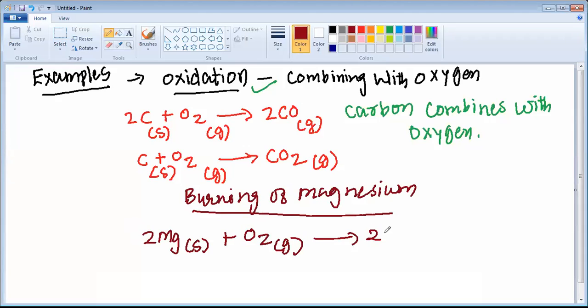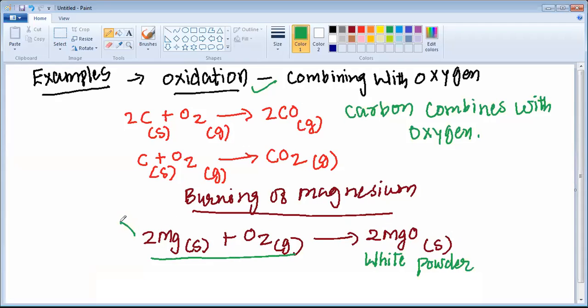It gives us 2 MgO, magnesium oxide solid. This magnesium oxide is a white powder. And this magnesium burns with a white dazzling flame.